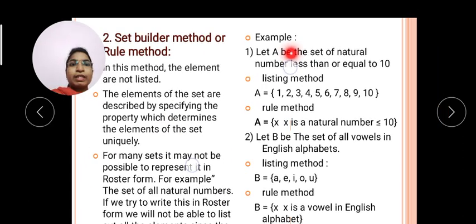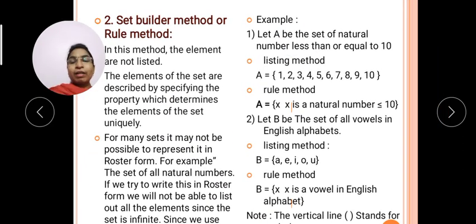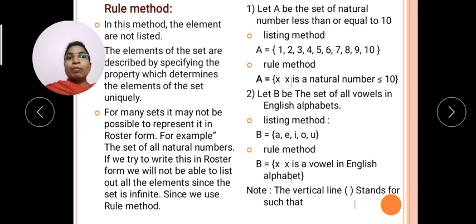The elements of the set are described by a specific property which determines the elements of the set uniquely. For many sets, it may not be possible to represent them in the listing method or roster form. For example, the set of natural numbers. Is it possible to mention every element in the set?